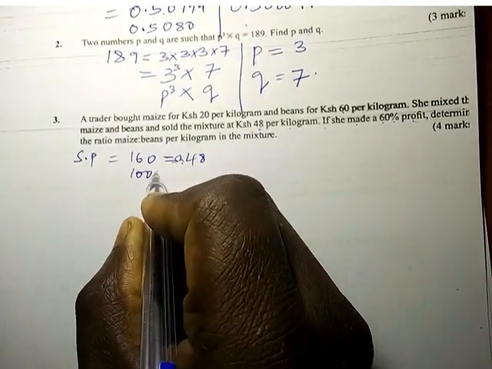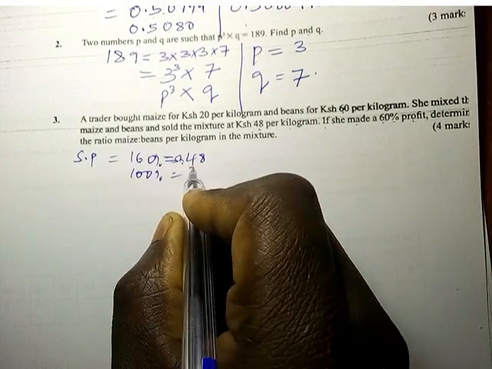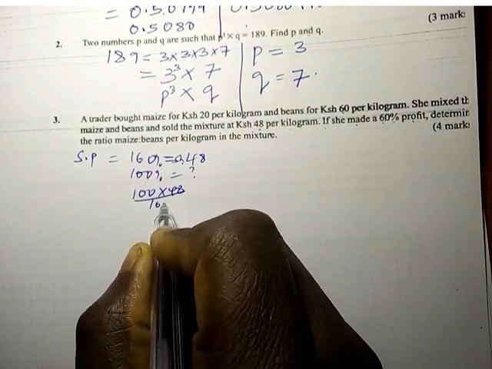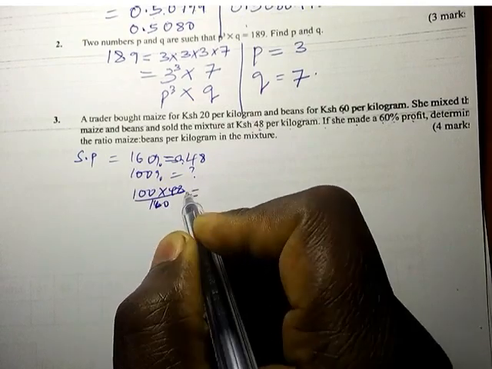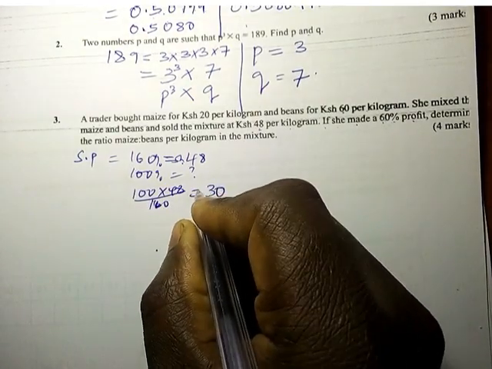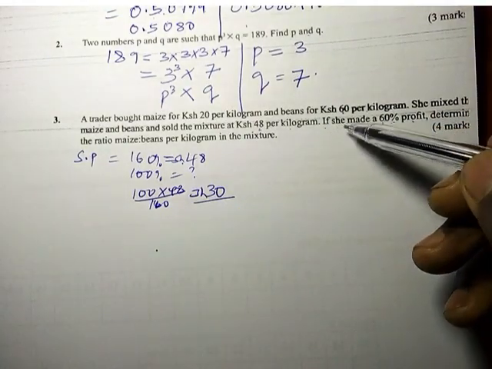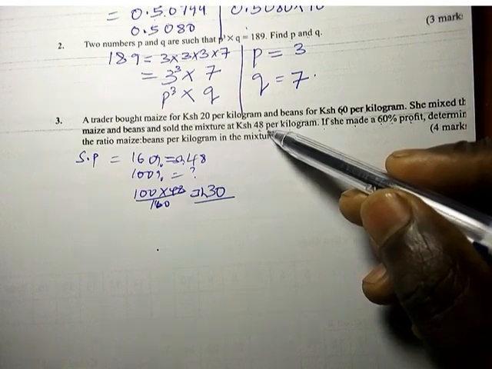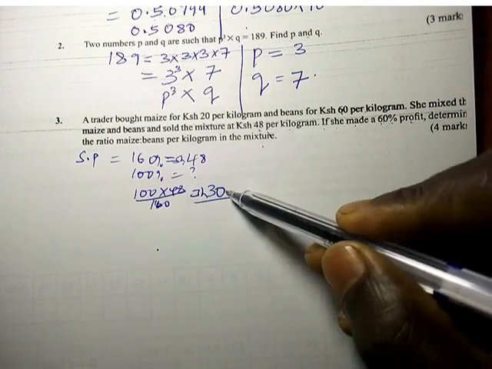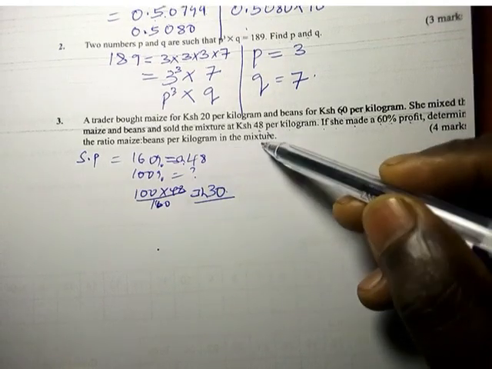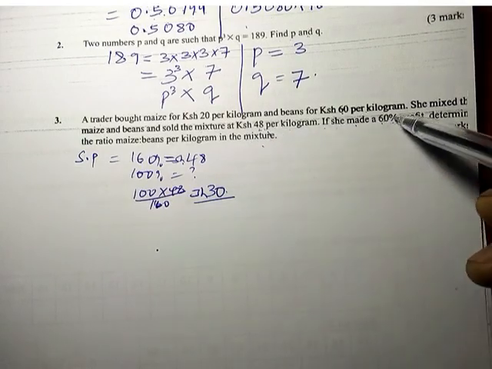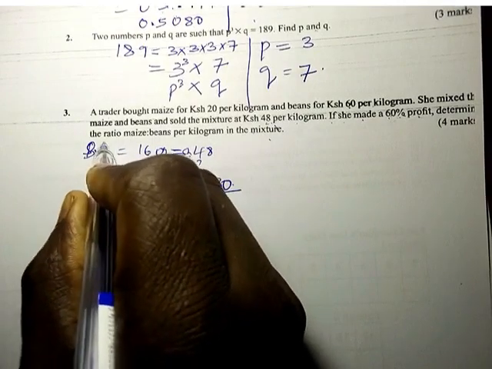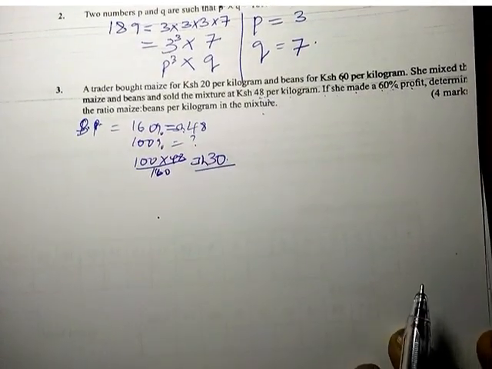So we want to know 100%, that is 100 times 48 divided by 160. This one is equal to 30. So the buying price was 30 shillings. Then the person sold 1 kg at 48 and made a profit. So actually we want the buying price, not the selling price.